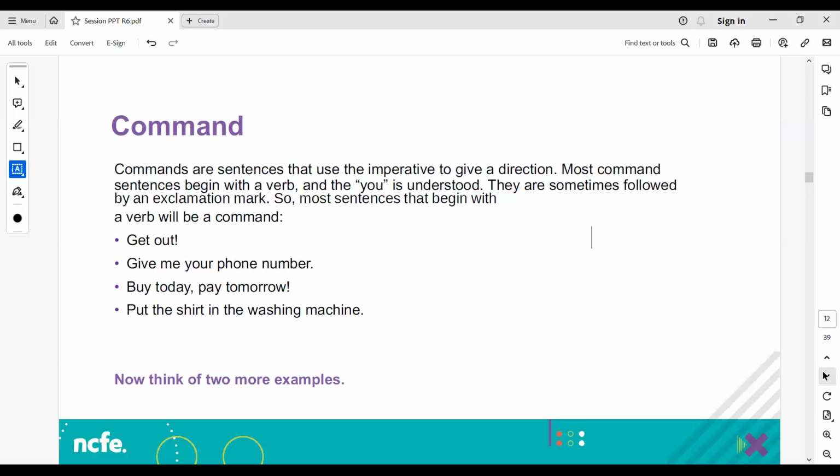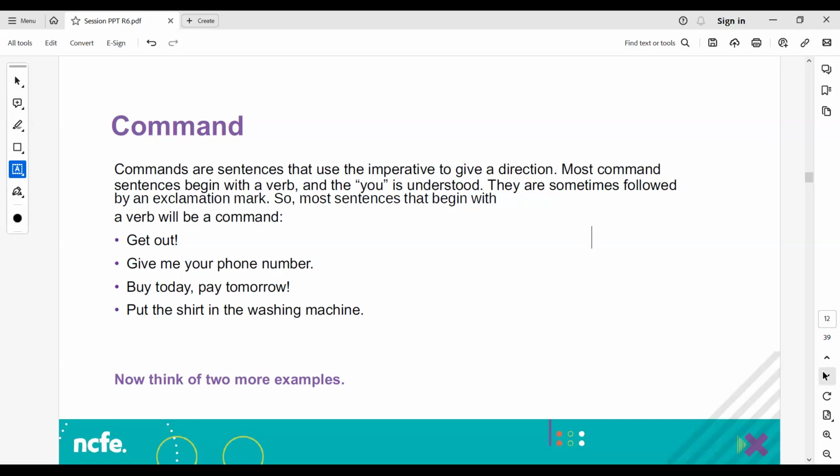So, get out. You can imagine that, if that was said out loud, it would perhaps be said in a raised voice, an angry voice. So it's got that exclamation mark at the end. The person is commanding, directing someone to get out of the room or the building or whatever.